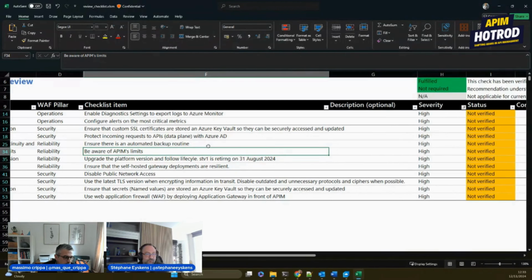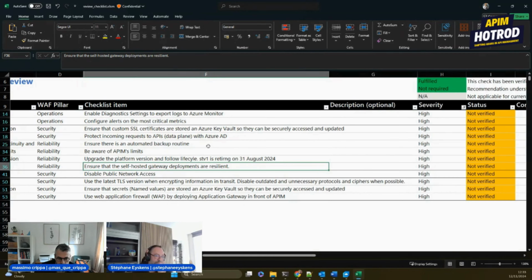Those more resource-based limits that you might hit because of the underlying platform. No, indeed. Okay. In any case, look at all the limits. They are documented most of the time. It's very well documented. Some limits are a bit blurry, like the number of APIs and so on. But still, it's a very good practice to always check the limits, whatever service you deal with.